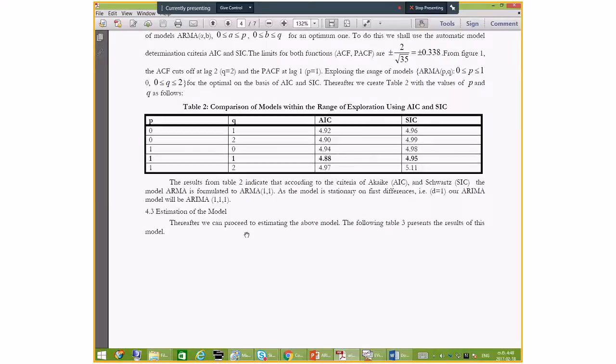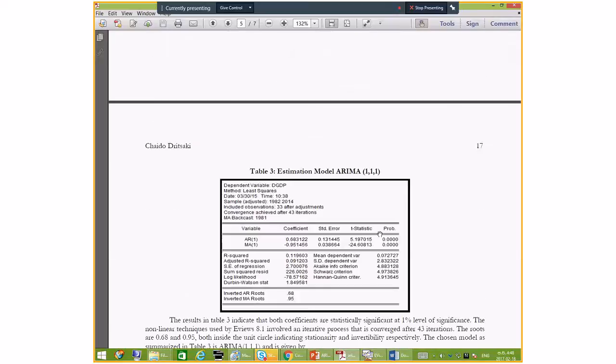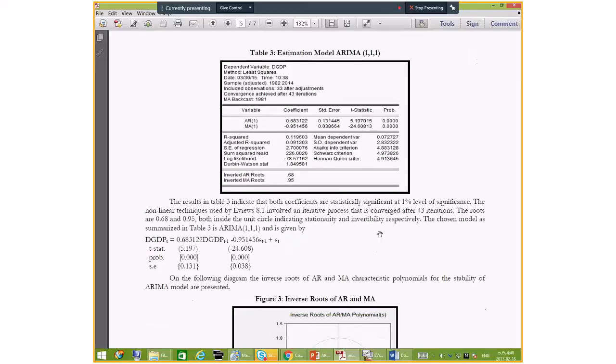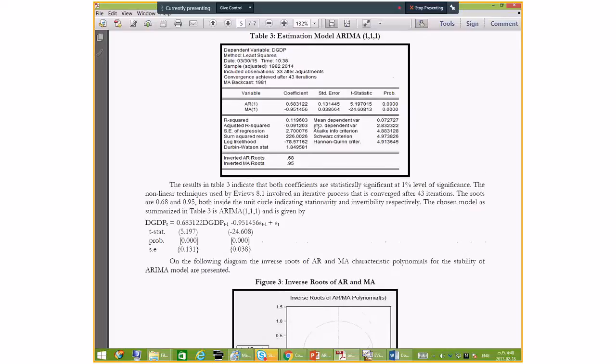Then we estimate the model. Therefore, we can proceed to estimate the above model. We estimate the ARIMA(1,1,1) model. This table shows the EViews output of the ARIMA model. Both coefficients are statistically significant.